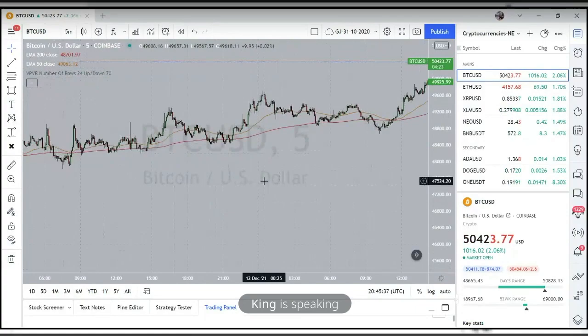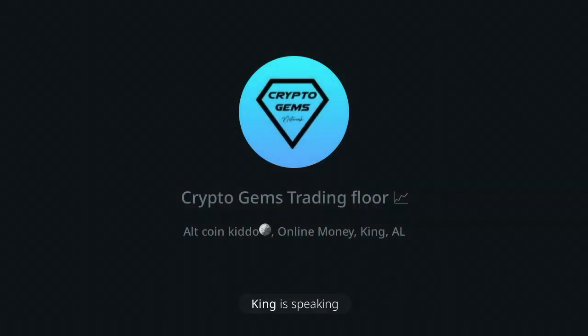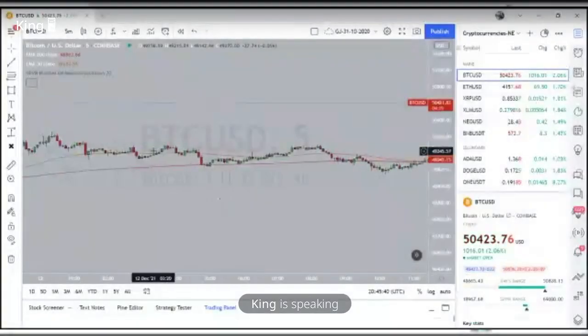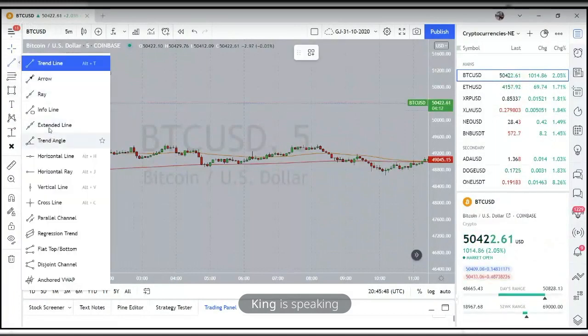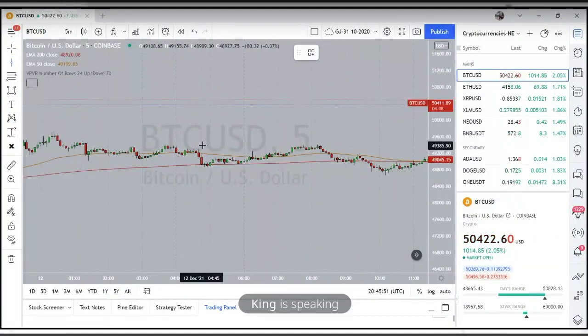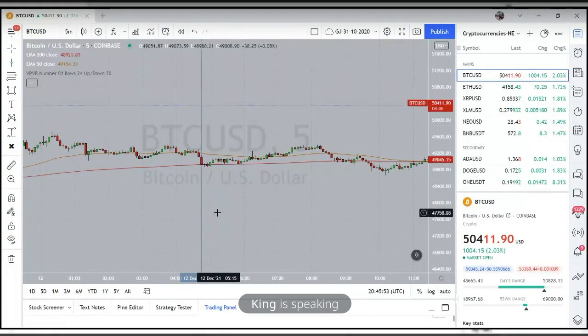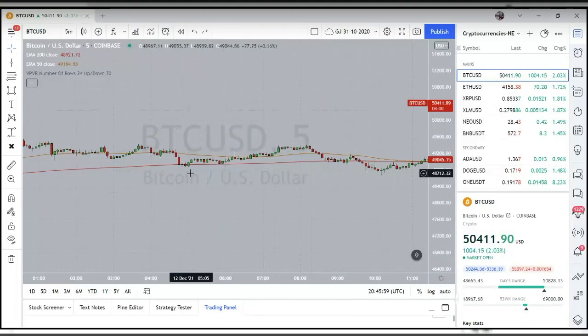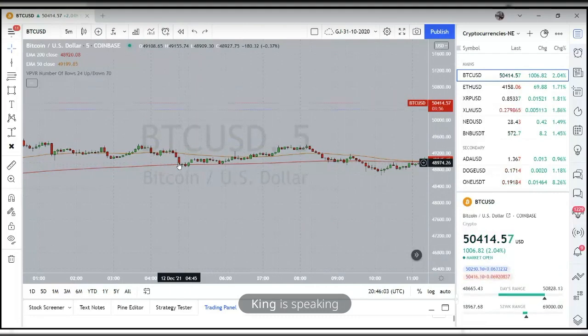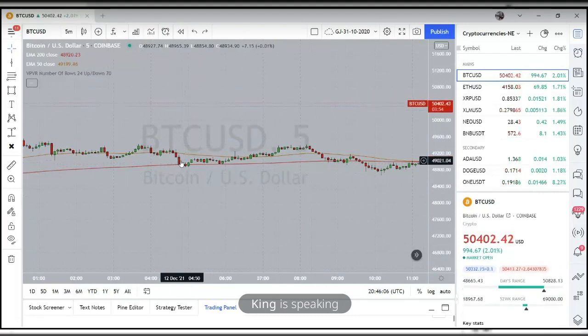So every one of these 5-minute charts, any one of these 5-minute candles, sorry, let's say this really bearish one right here. We can see it just gives you the range of prices for that 5 minutes.